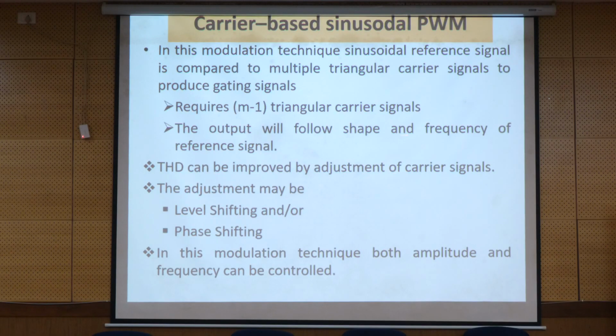Here 6 carrier signals are going to be required, but only one reference signal, and the reference signal is going to spread over all the carrier signals. Depending on the amplitude of your carrier signal, the switching pattern is going to be generated.